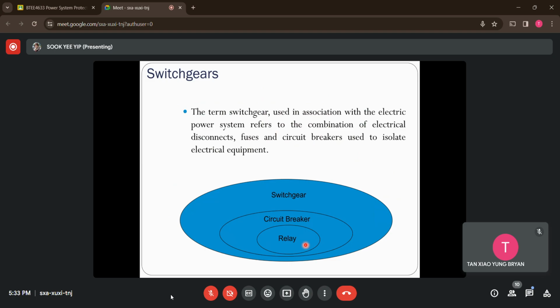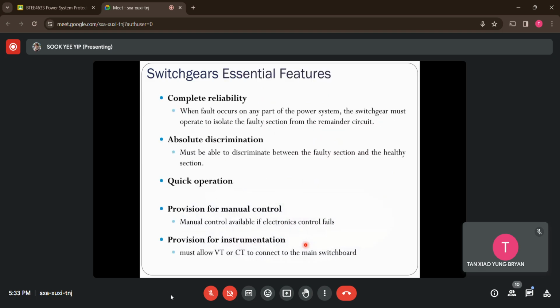Okay, so what would be the important features a switchgear should have to be applied in the system? The first one here will be complete reliability. So what happens here? To have high reliability of the system means that you have high security with high dependability. So during the event that a fault occurs anywhere within the system, these switchgears must be able to isolate only the faulty section from the remaining circuit.